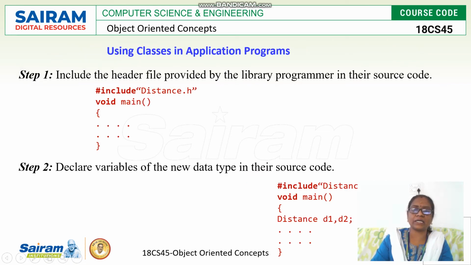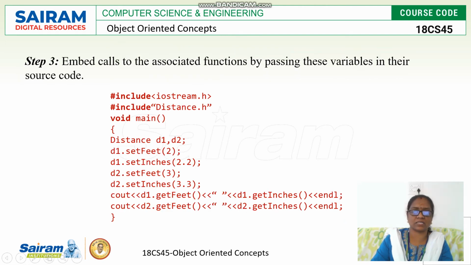Then how can we create an application program using a class? There are 5 steps. First, we have to include the header file written by the library programmer in our source code. After we include it, we have to declare the variables of the new data types. Here the example I have taken is distance.h, the header file included in the first step. Then for that distance class, D1 and D2 are the two objects created, and the third step is the actual coding part.